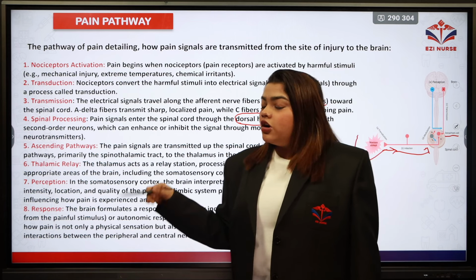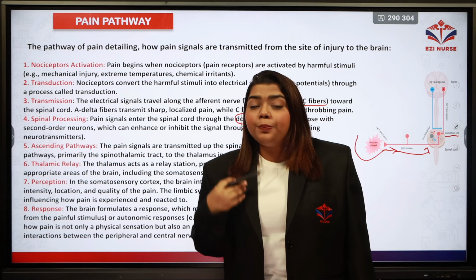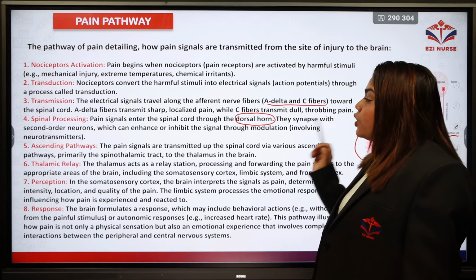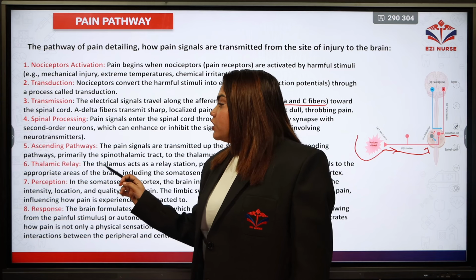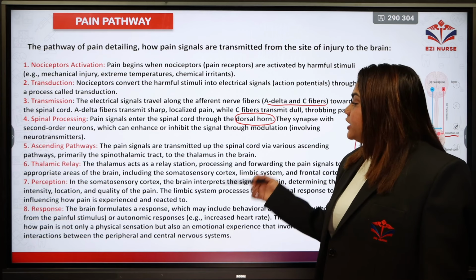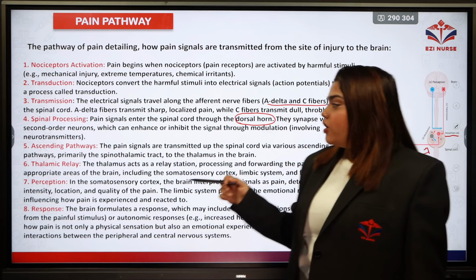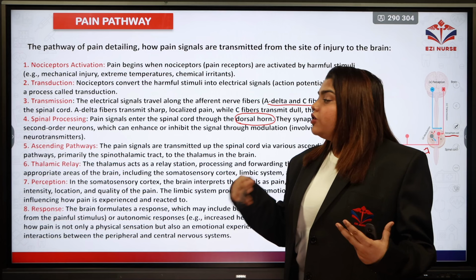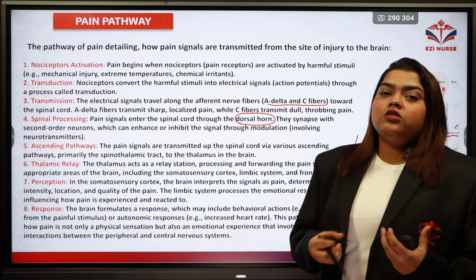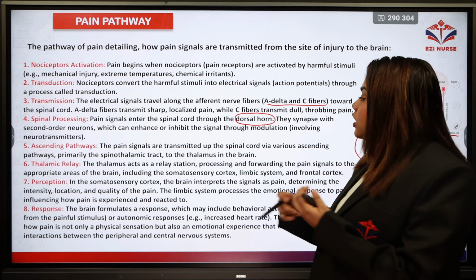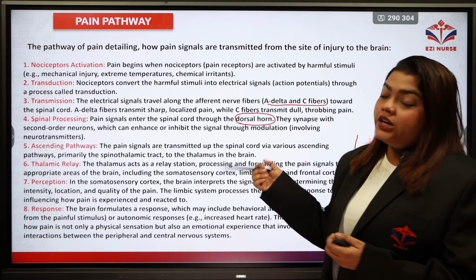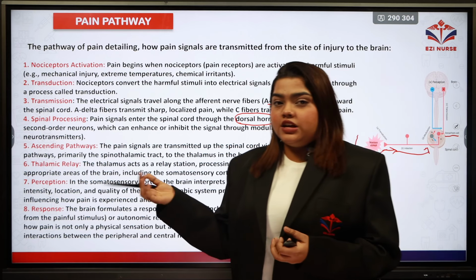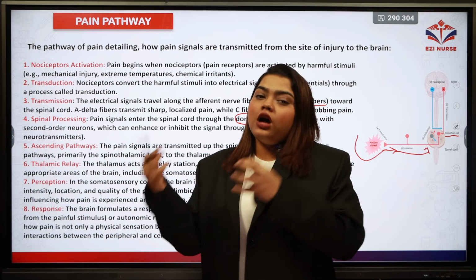The synapse with second order neurons can enhance or inhibit the signals through modulation, which involves neurotransmitters, and the signals will be modulated through the neurotransmitter. It's a kind of chemical that passes the electrical signals from one neuron to other neurons.